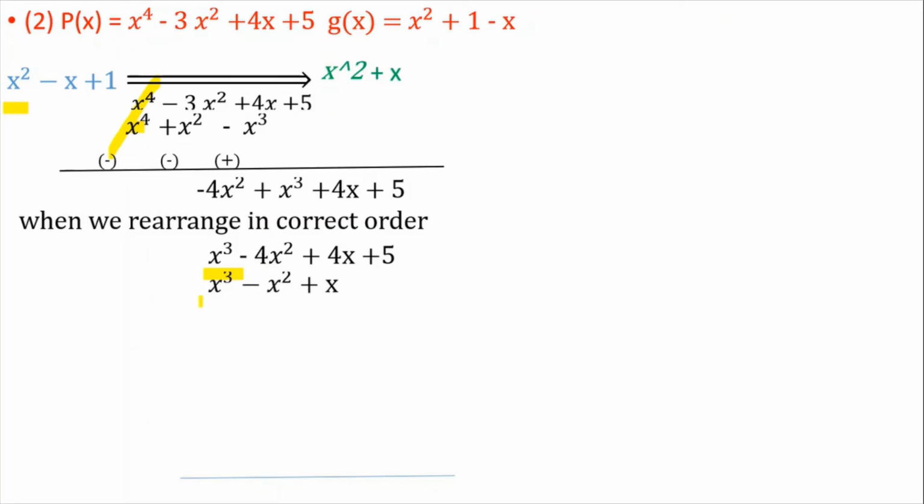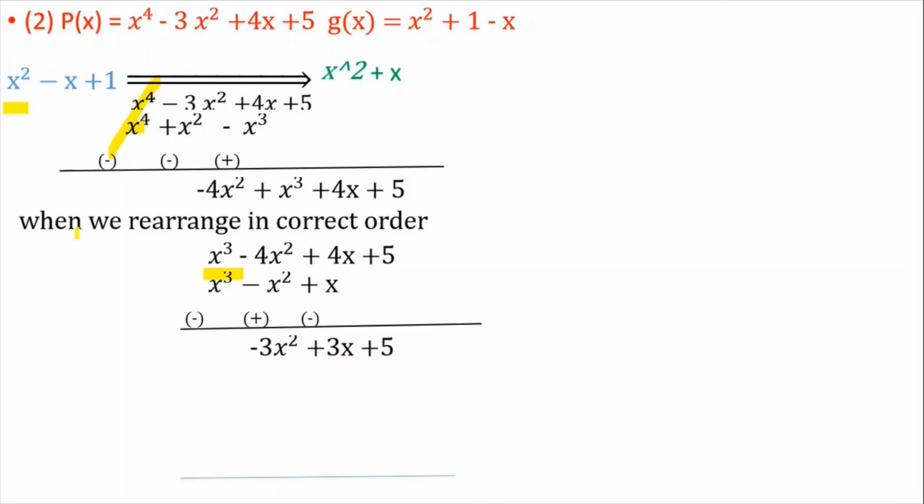Again I want to alternate the symbols: positive can be changed into negative and negative into positive. Then we perform addition. We get x cube minus x cube cancel, and minus 4x squared plus x squared, that is minus 3x squared, and plus 4x minus x, that is plus 3x, plus 5.